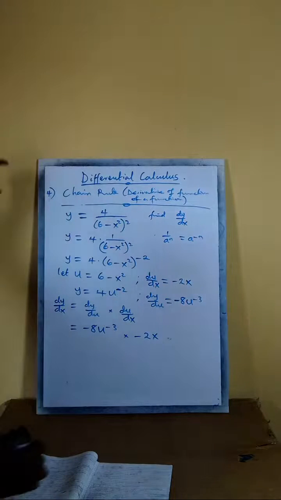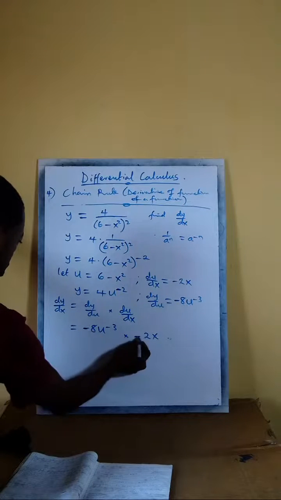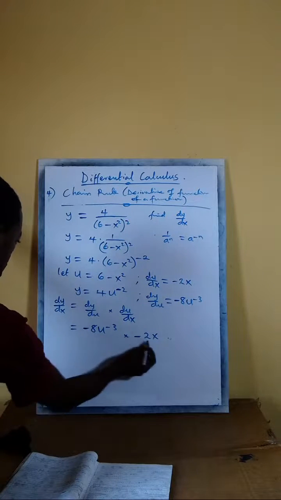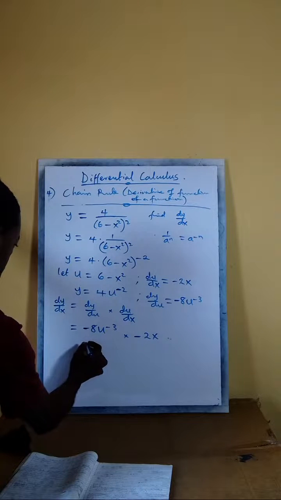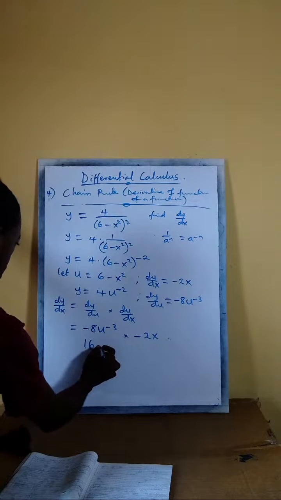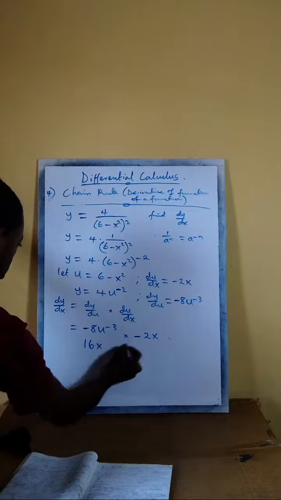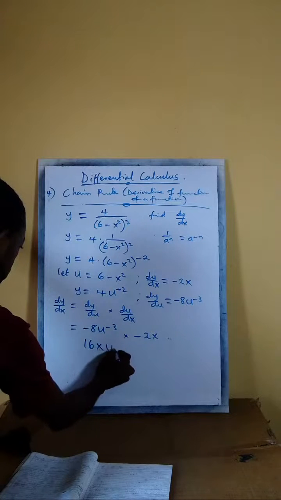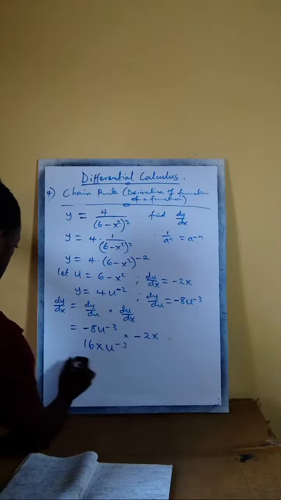When we multiply, minus times minus becomes plus. Then 8 times 2 is 16. Then 16x times u raised to power minus 3.